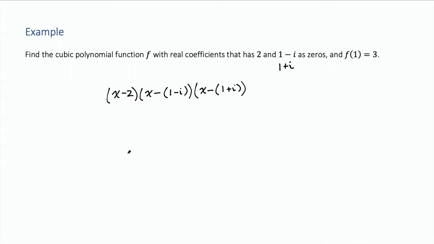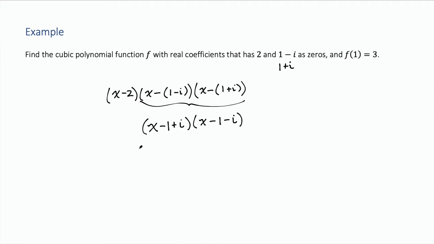We want to expand all of this. So we want to multiply this pair of factors that have the complex conjugates. First, I'm going to distribute the minus in each of those: x minus 1 plus i and x minus 1 minus i.